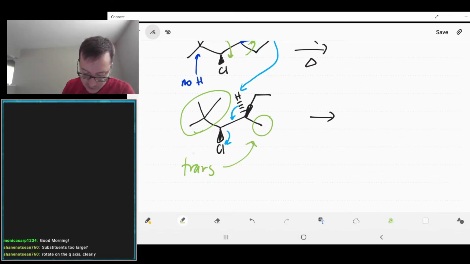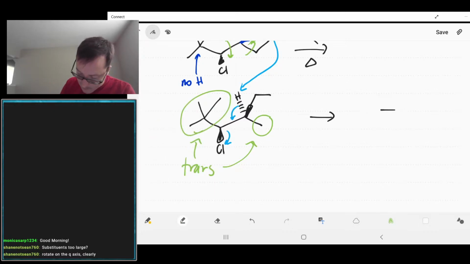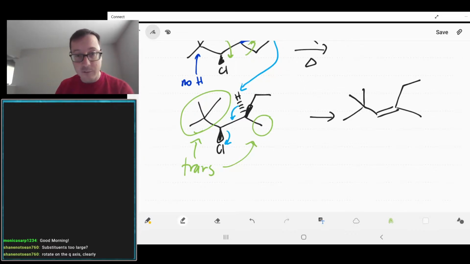They're trans to each other here, and they're going to be trans to each other in the product. So we make our double bond. There it is. We've got our T-butyl. Our ethyl group stays there. And our methyl group, which was trans to the T-butyl group, stays trans to the T-butyl group.